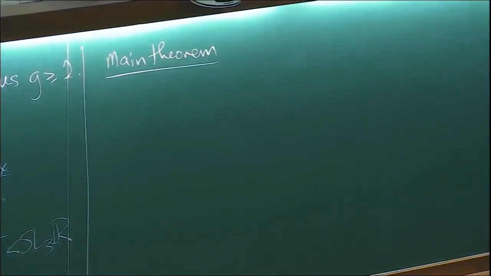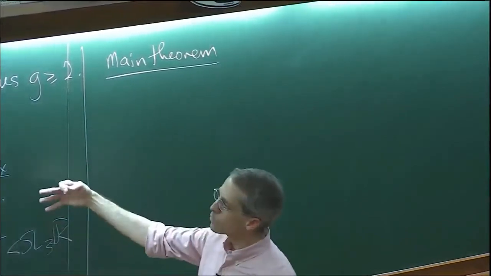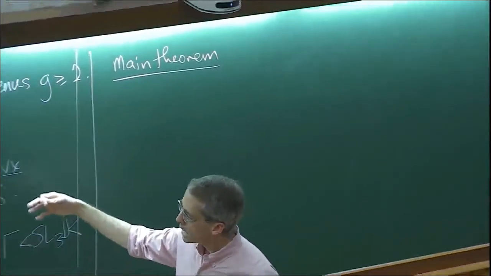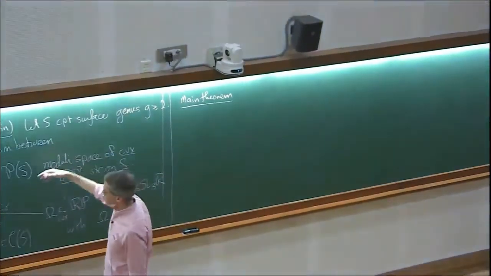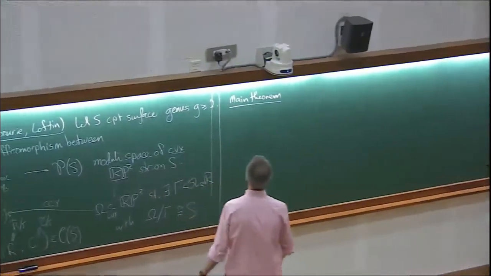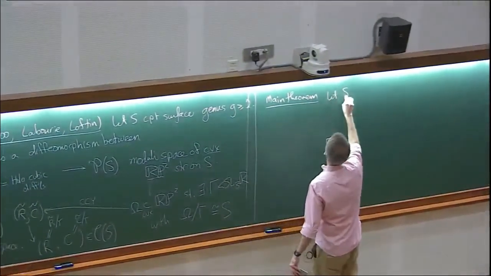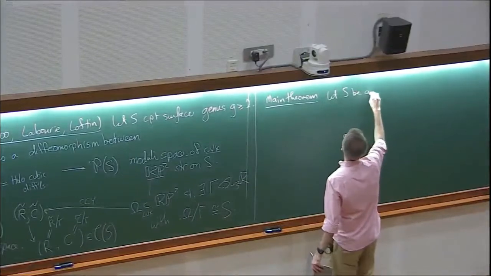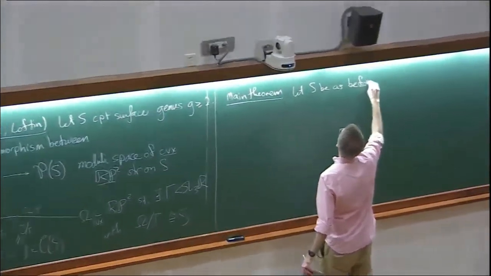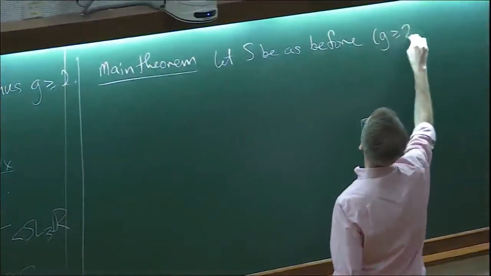So we study a specific type of divergent sequence in this space of holomorphic cubic differentials on a compact surface. So let S be as before, a compact surface of genus at least 2.